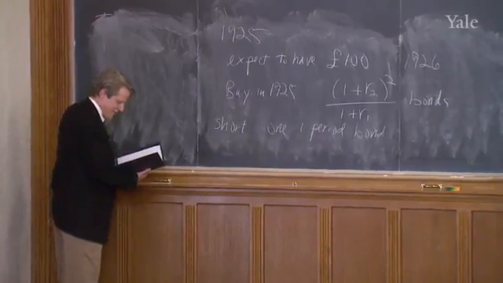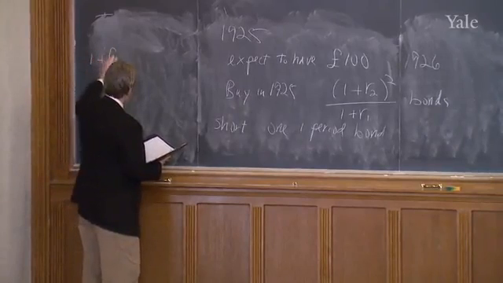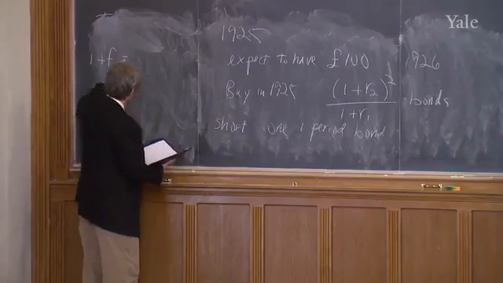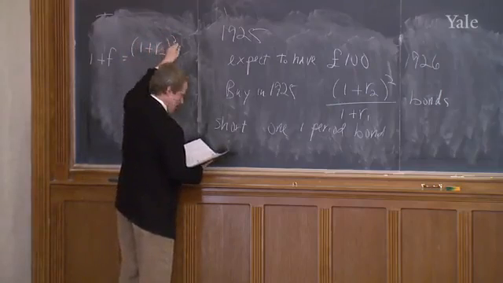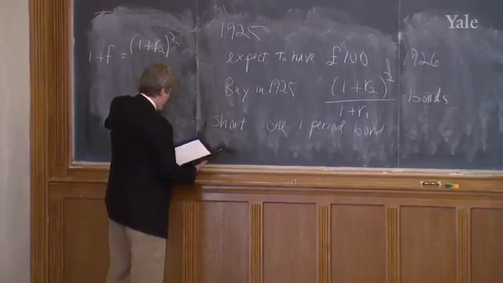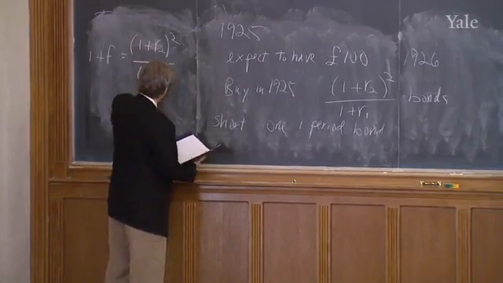And so that forward rate, we'll say 1 plus the forward rate, F, is equal to (1 plus R2) squared all over 1 plus R1.